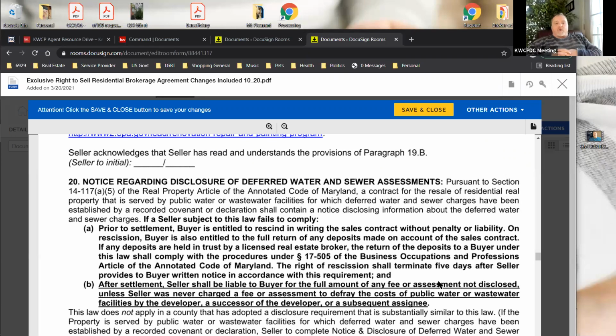All right, paragraph 20 regarding disclosure of deferred water sewer assessments. Sometimes we call this a front foot benefit.